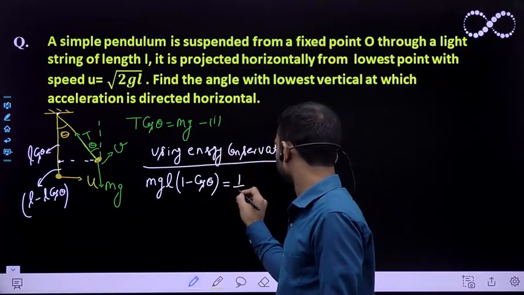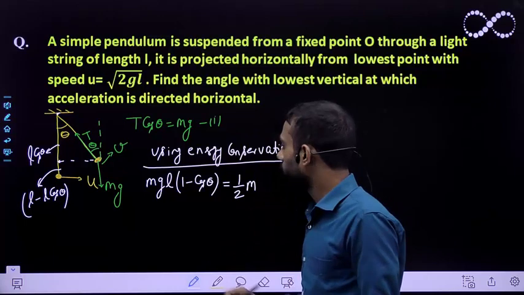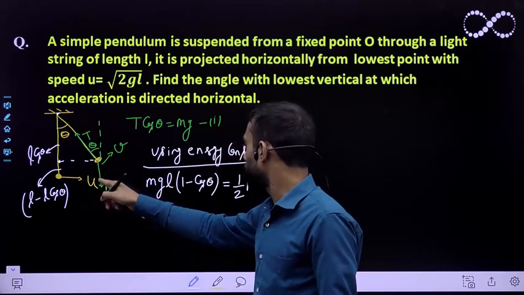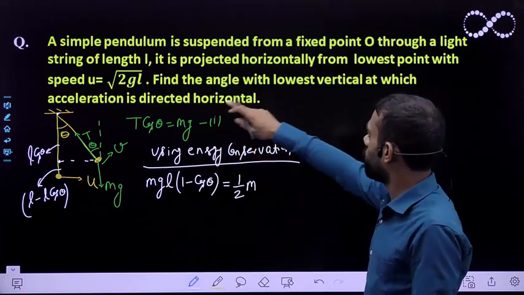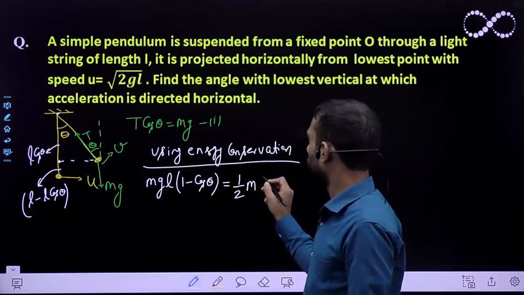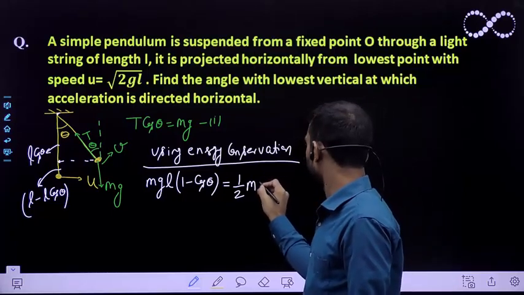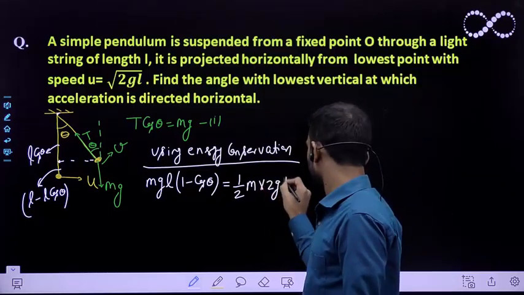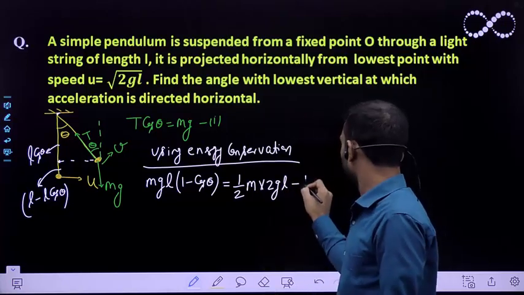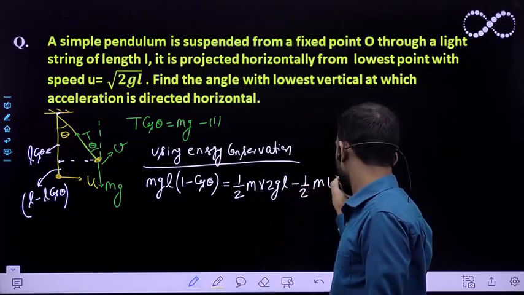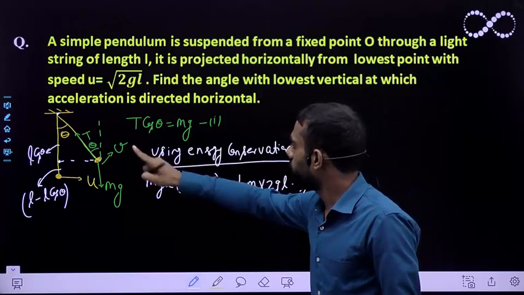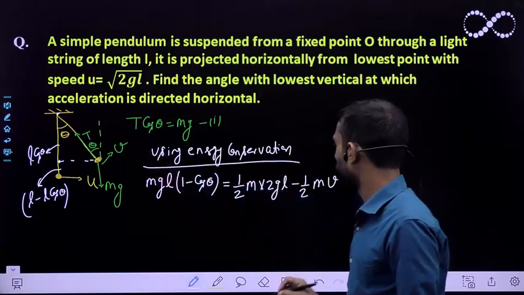So I can write 1 by 2 m u square as the initial kinetic energy, and u is given in the question as root 2gL, so u square becomes 2gL, minus 1 by 2 m v square, because here I have taken the speed as v.